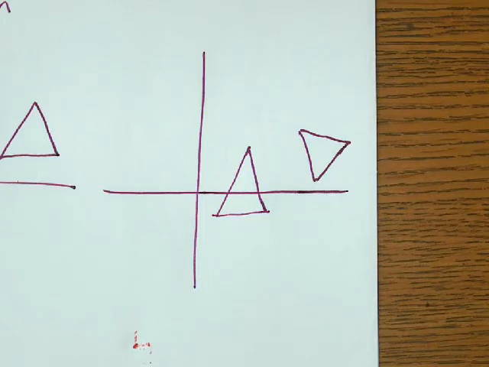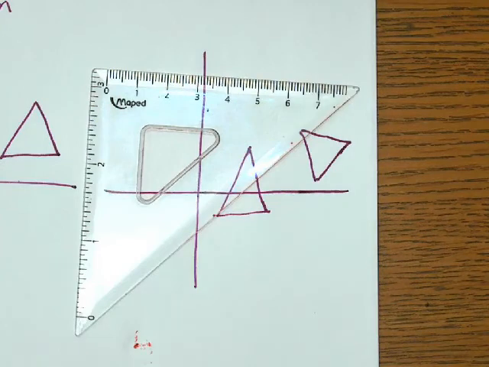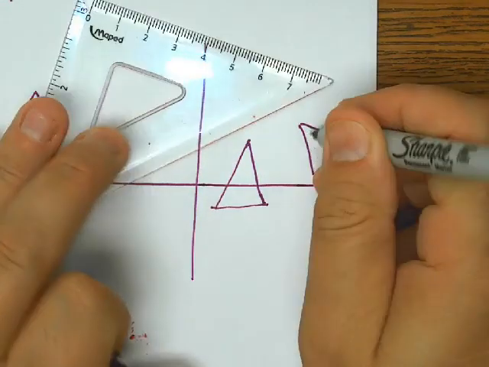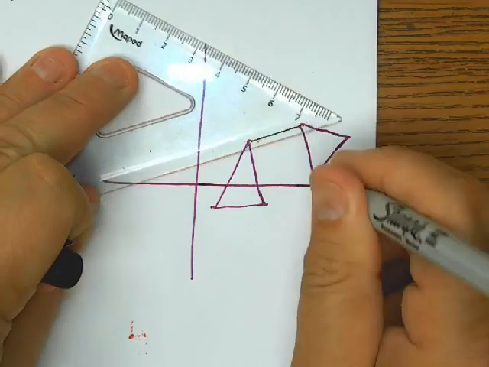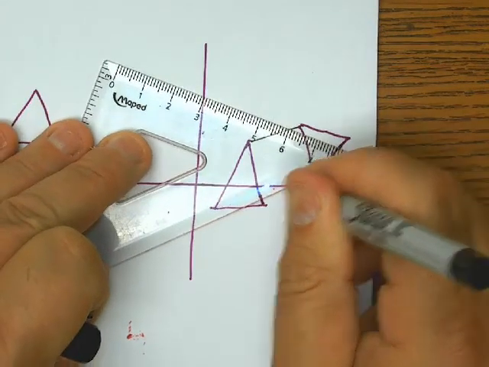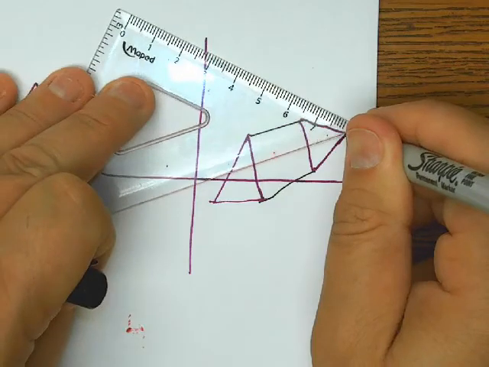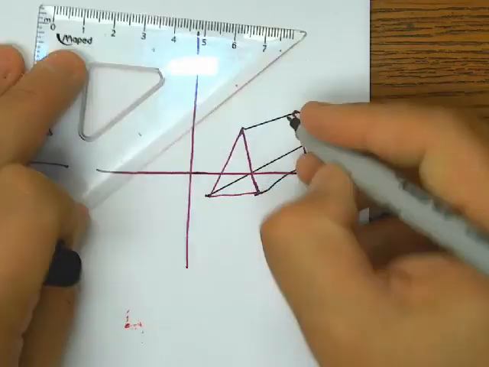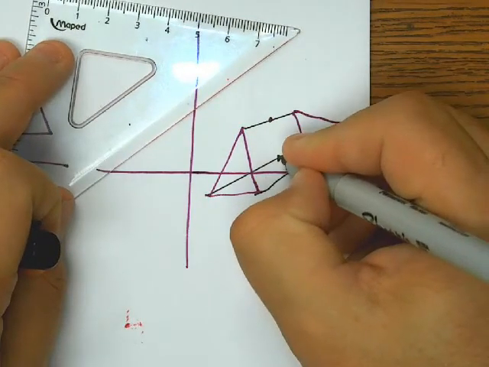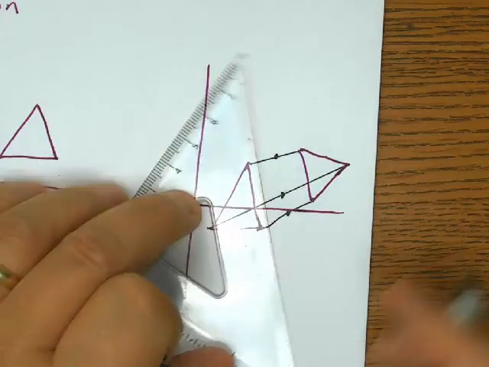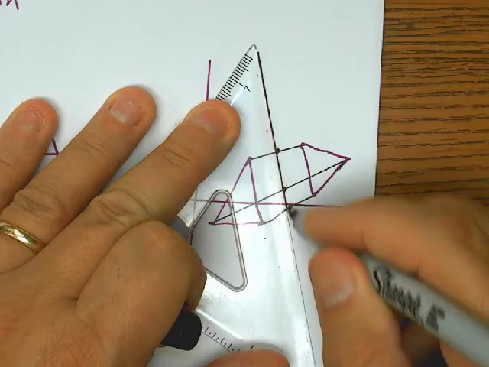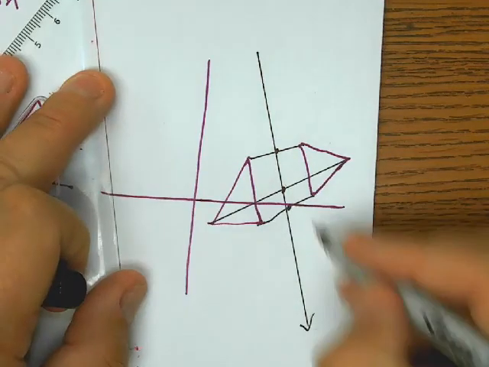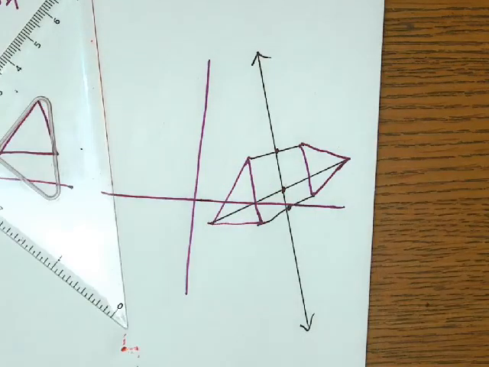Well, if I'm just going to find it, all I would do is connect the points. I did this freehand. Connect the points and find their midpoint. And then that is the line of reflection.